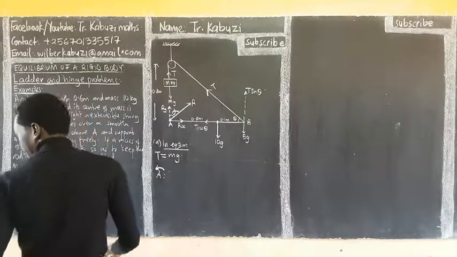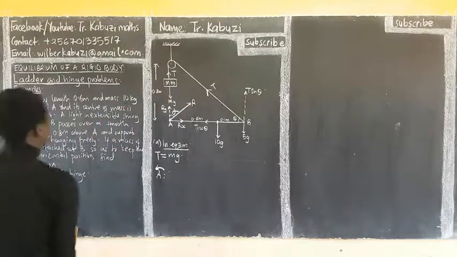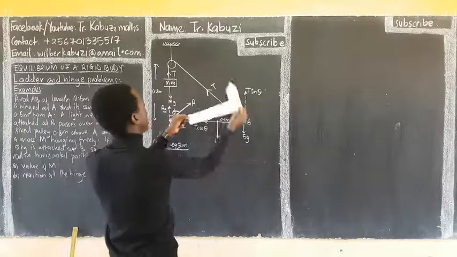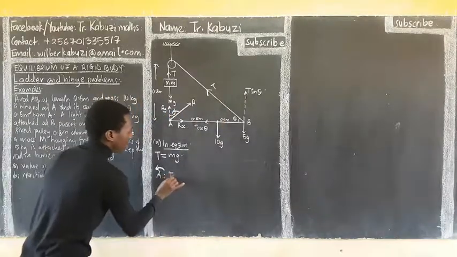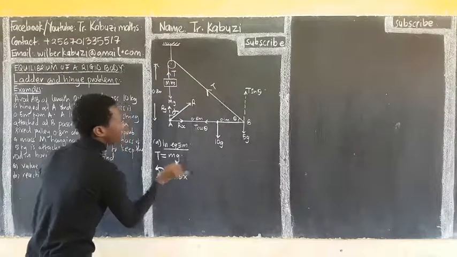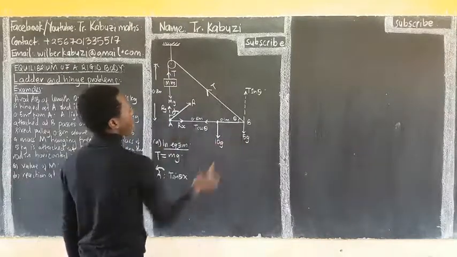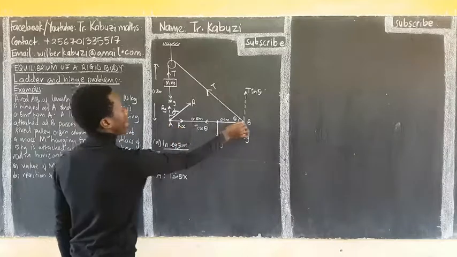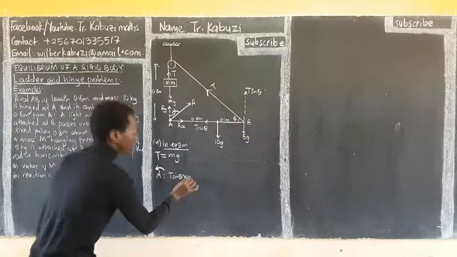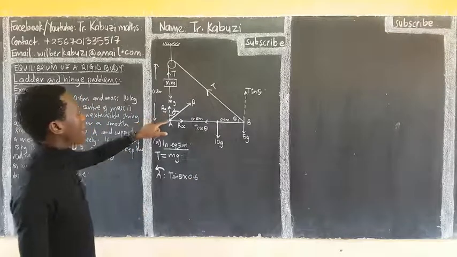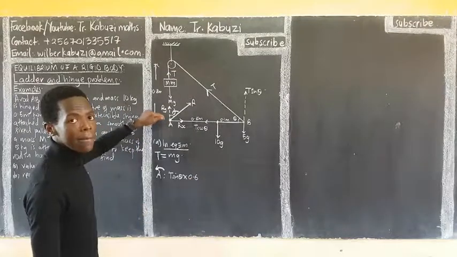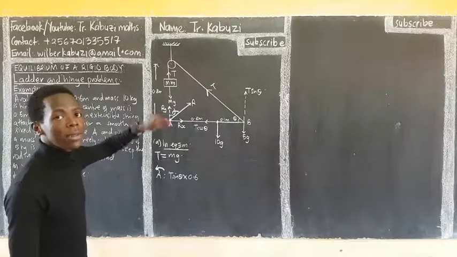So anti-clockwise, this T here is going to be acting anti-clockwise. So it is T sine theta, times the perpendicular distance from here up to here, which is the length of the arm, 0.6. Now all the forces coming out from A, their moments are going to be 0. Why?